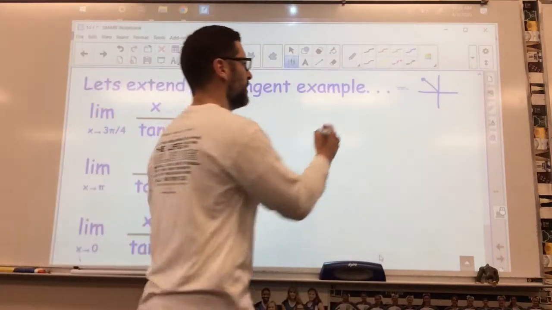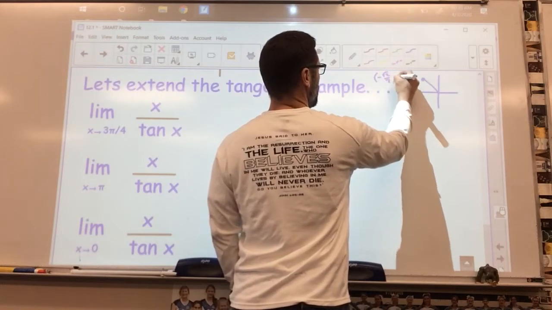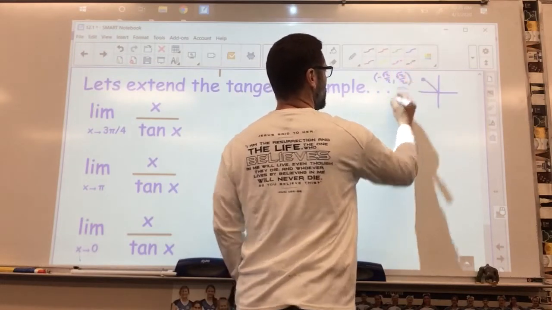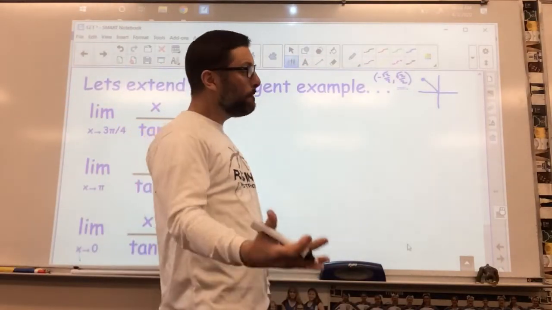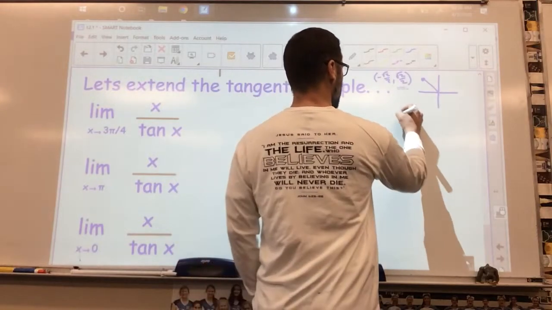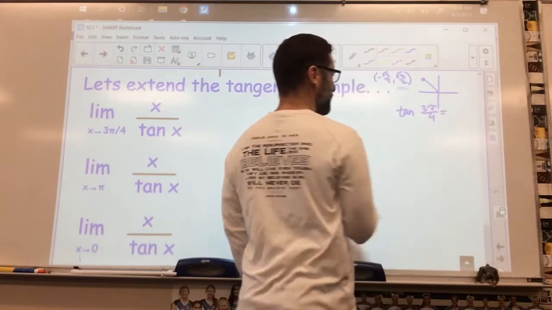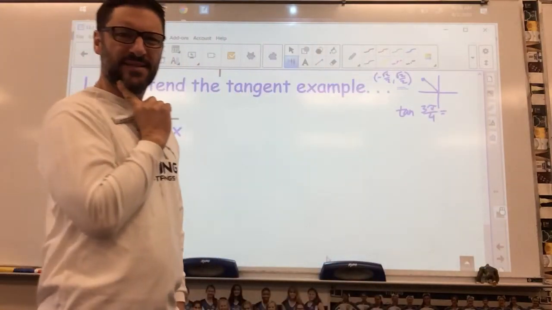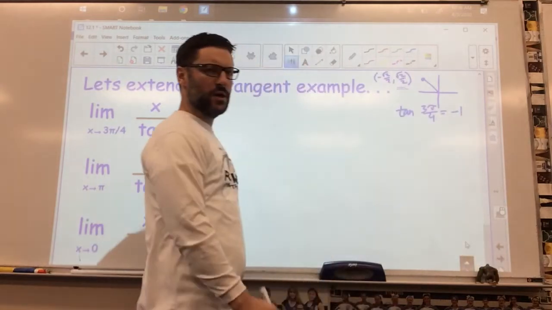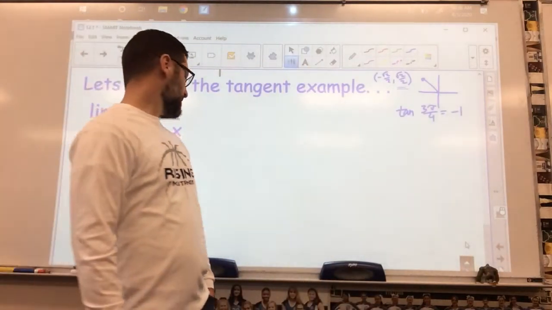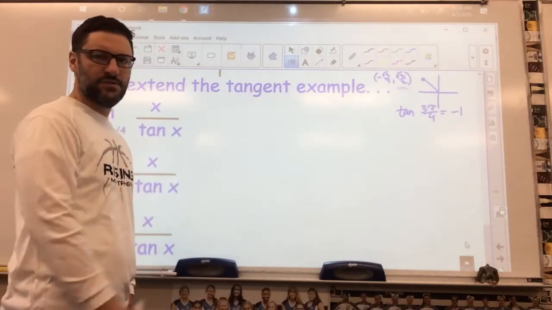That ordered pair was negative radical 2 over 2, radical 2 over 2. The tangent at 3 pi over 4 is the y value over the x value. It's negative 1.